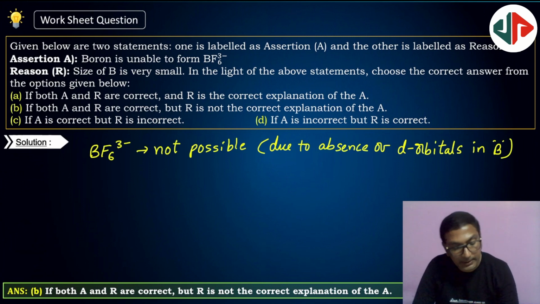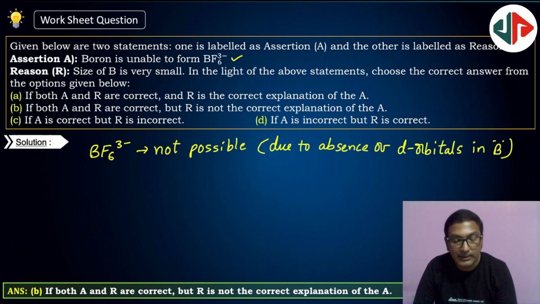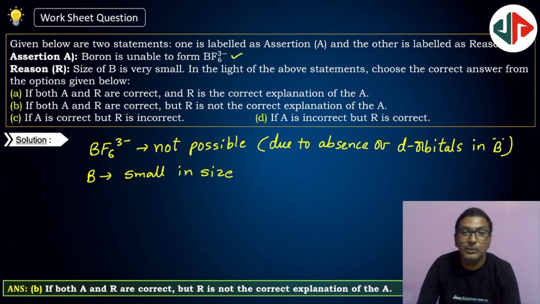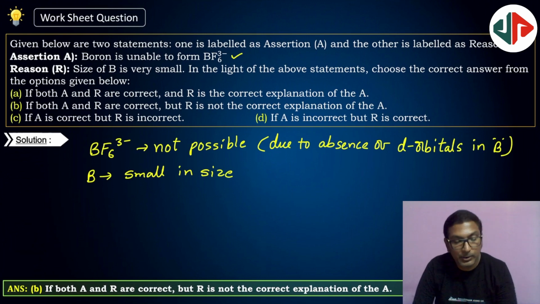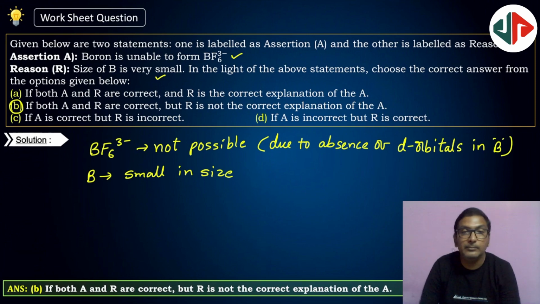Therefore, not possible. Assertion correct. Next, size of B is very small. In group, atomic radius increases. B small in size. So, down the group, atomic radius increases, we know. So, both are correct, but reason is not correct explanation. Therefore, option B. So, this is also correct. It is very small. Next one.